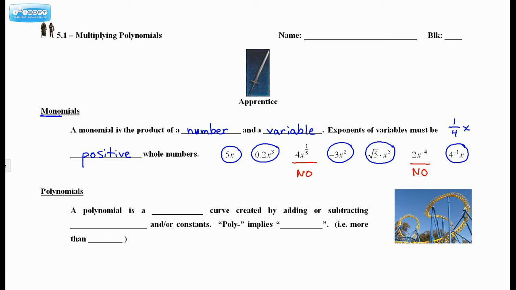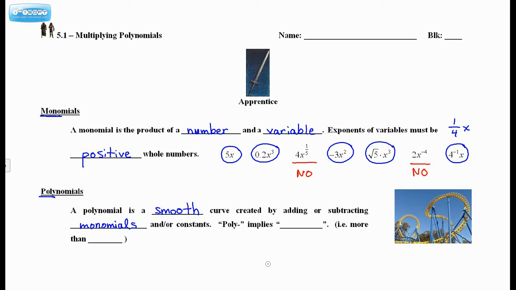Okay, what's a polynomial? Well, the prefix poly implies more than one. So a polynomial, if you graph it, we won't really look at those much yet, is a smooth curve, and it is created by adding or subtracting monomials. So think of monomials as the building blocks of a polynomial, and or constants.